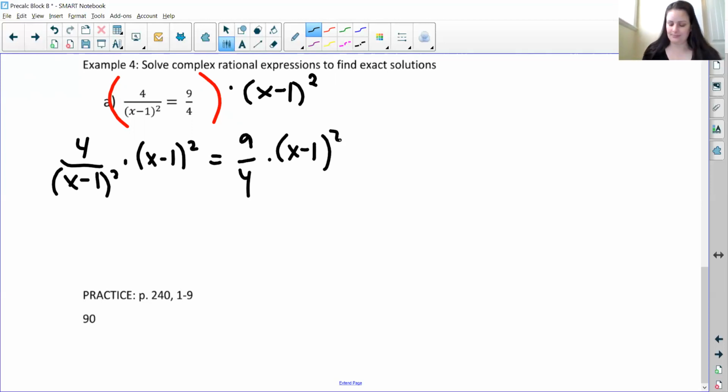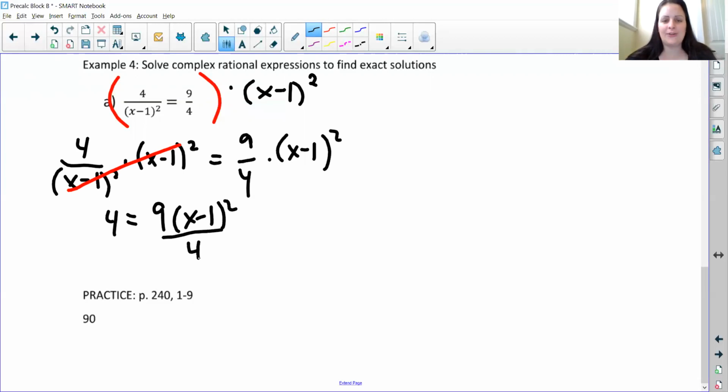So this cancels out and leaves you with 4 equals 9 times x minus 1 squared over 4.